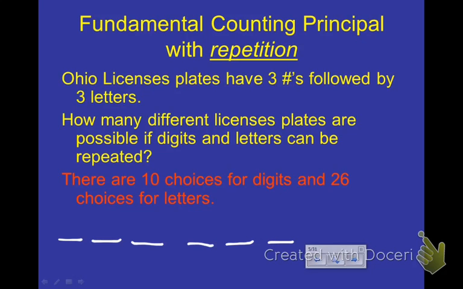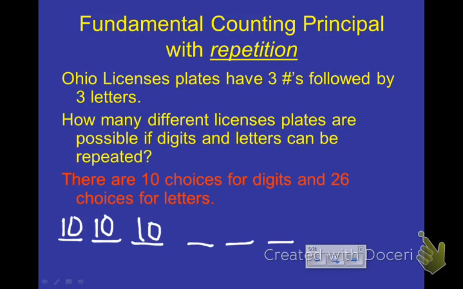And those are each of my choices for my license plate. The first one's got to be a number, so I've got 10 choices for that first number, 0 through 9. And it can repeat the second time, so I can have 1 and then 1 again. So on the second one, I'm going to also have 10 choices. On my third one, I can get 1, 1, 1, and it can repeat again, so I'll have 10 more choices.